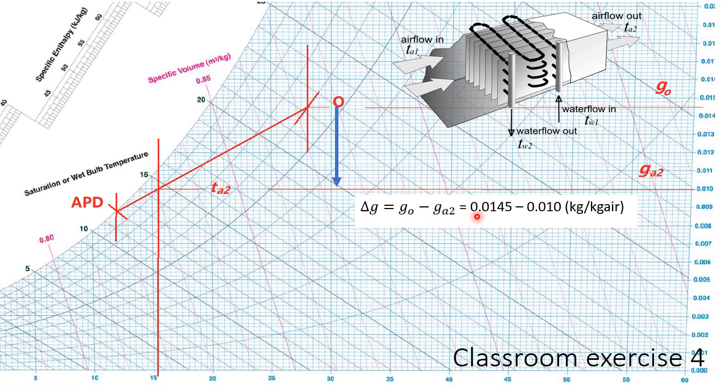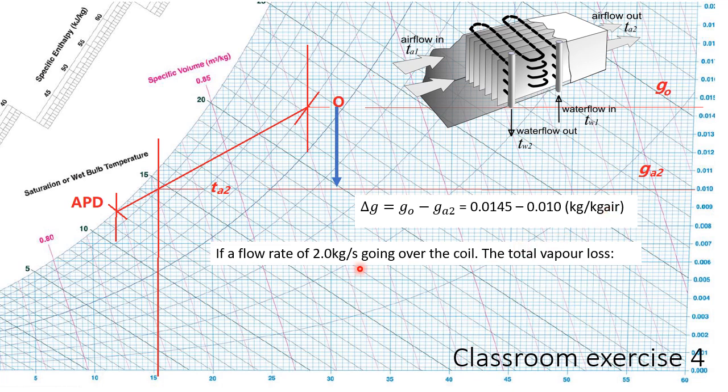So previously it is 0.0145 minus 0.01. So that will be per kilogram of air, how much is lost. Now if the air flow rate is 2 kilograms per second going over the coil, 1 kilogram will lose that much, and 2 kilograms per second is just delta G multiplied by 2 kilograms per second. That will be the moisture lost.